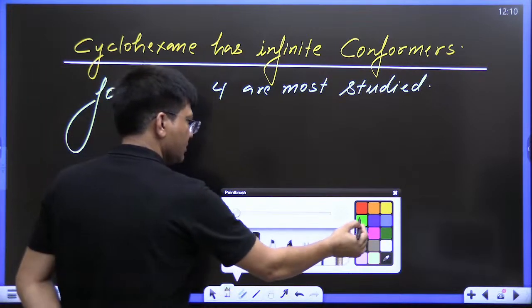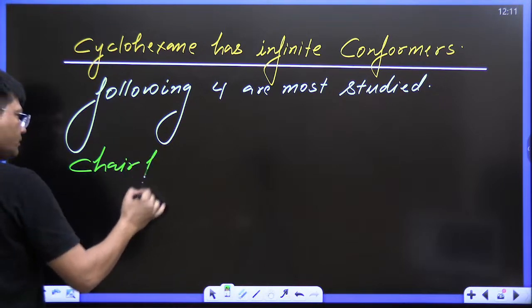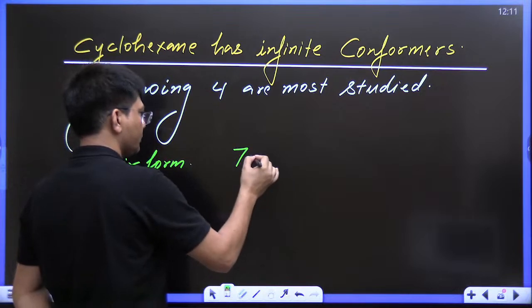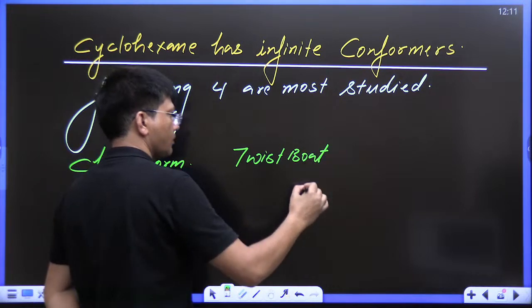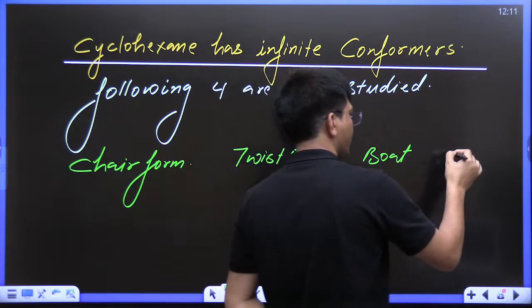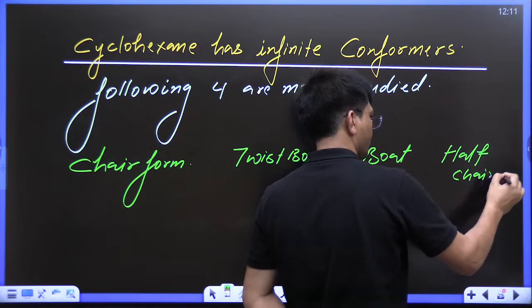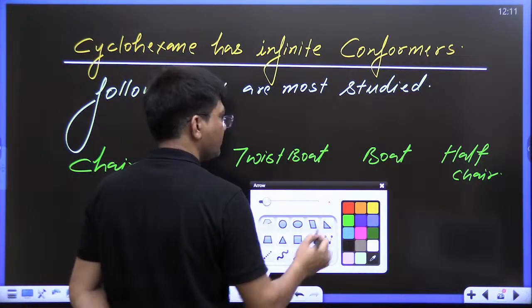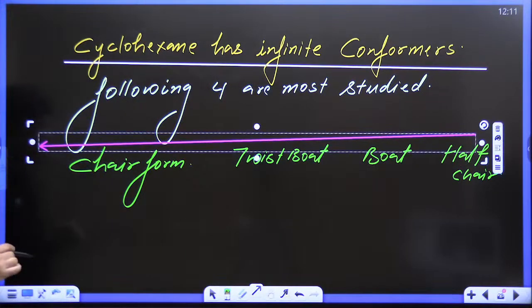First one is the chair form. Twist boat. Boat. Half chair. Now kids, this is the stability order of the most studied four.